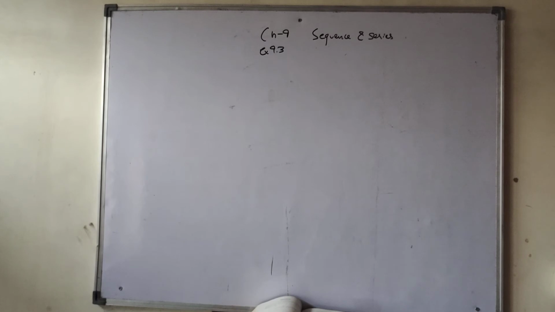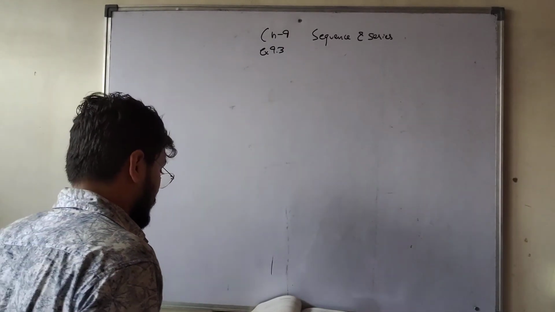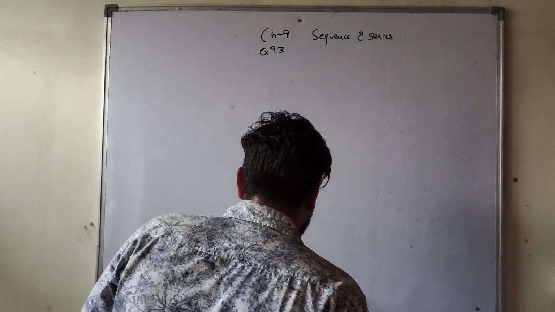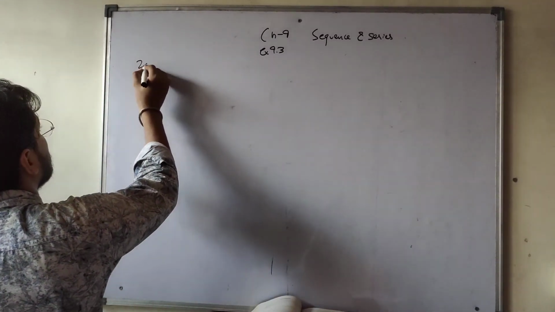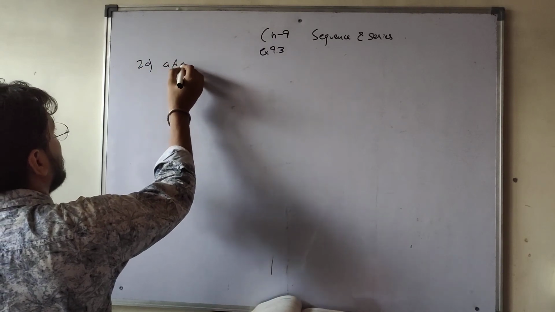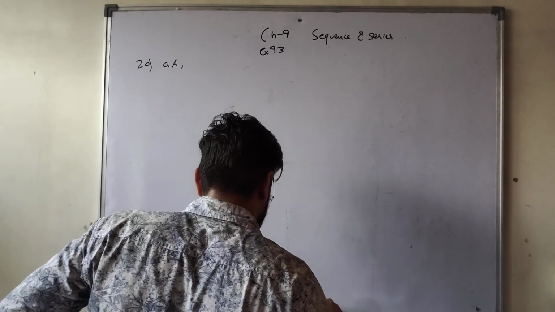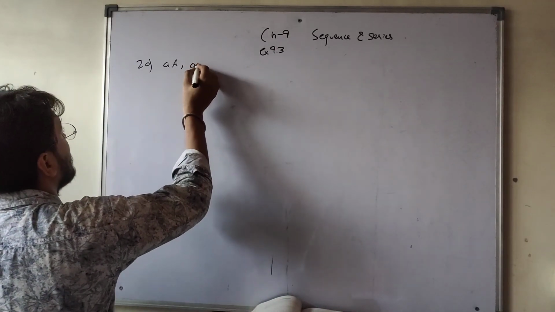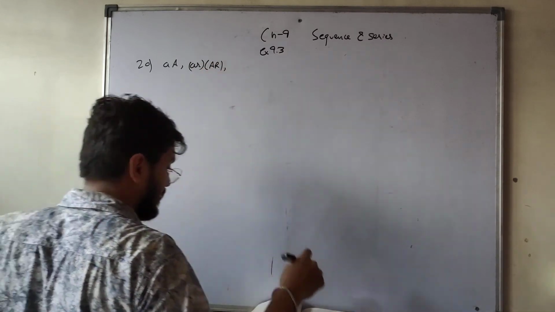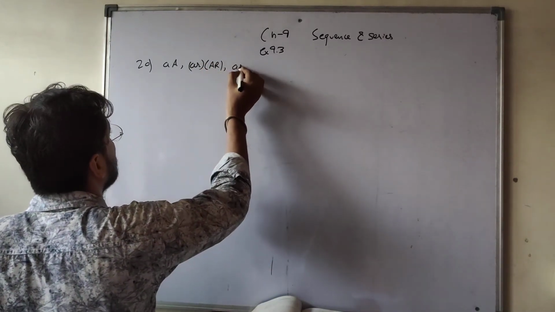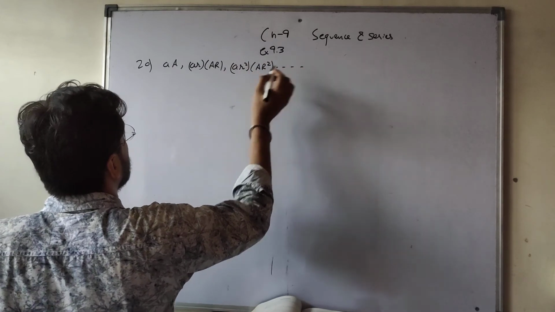Next is question number 20. In question number 20 we have, show that the products of the corresponding terms, so a multiplied by a, comma, ar multiplied by ar, comma, ar square multiplied by ar square forms a GP.